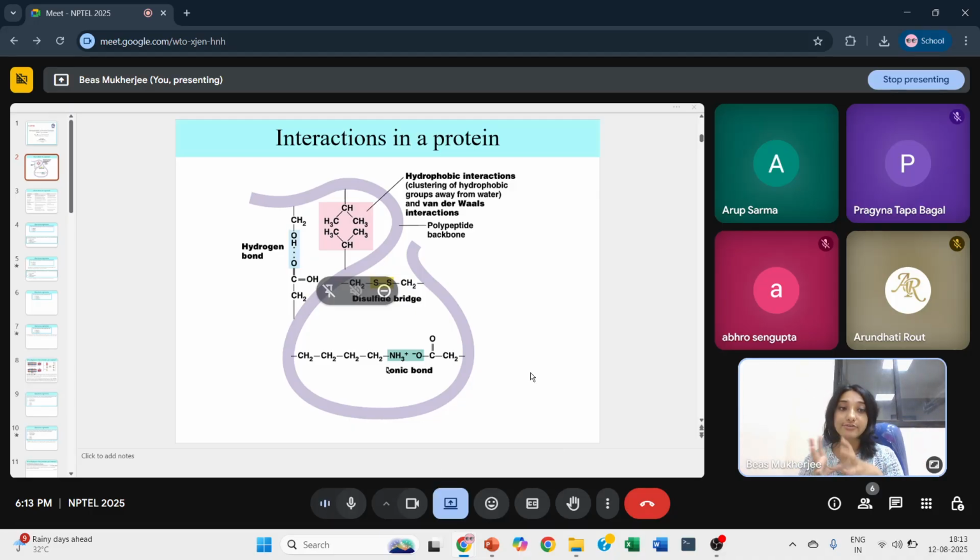Amongst the different interactions, there are hydrogen bonds, van der Waals interactions, and hydrophobic interactions, which are mainly between residues that are mostly packed within the core of the protein. Then there can be disulfide linkages between cysteine residues, ionic bonds and so on.